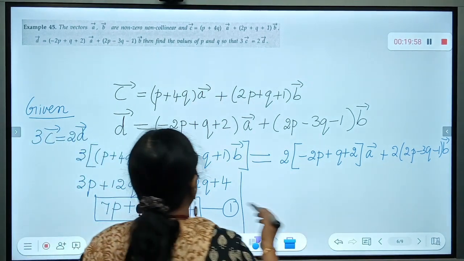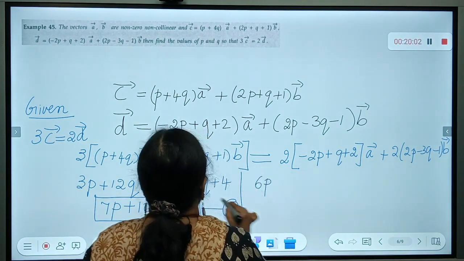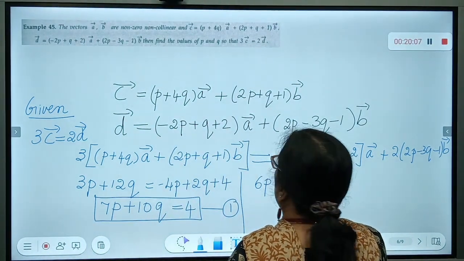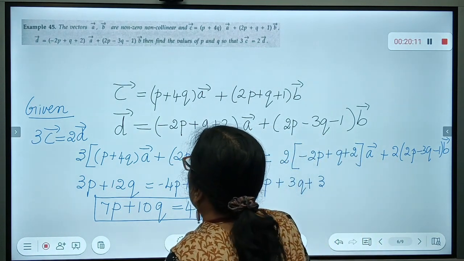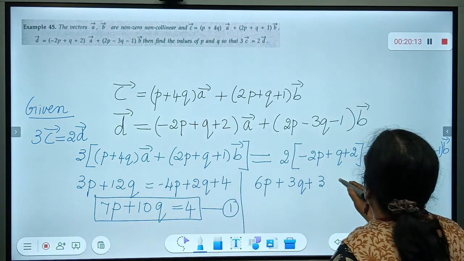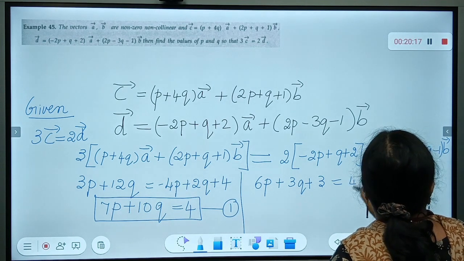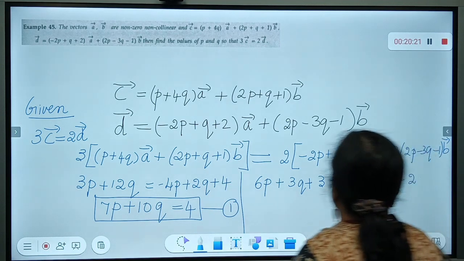Now equating the component of B vector, I will get 6p plus 3q plus 3. I am multiplying this by 3. So 6p plus 3q plus 3 equal to, this one will become 4p minus 6q minus 2.